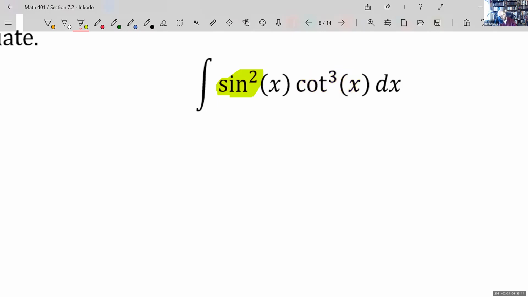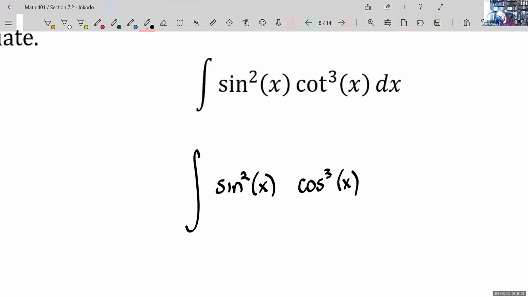So what you can do here is rewrite it in terms of sines and cosines, a tactic that was mentioned by Raj a few minutes ago for something else. So you write this as sine squared times cosine cubed of x over sine cubed of x dx. Obviously, powers will cancel.